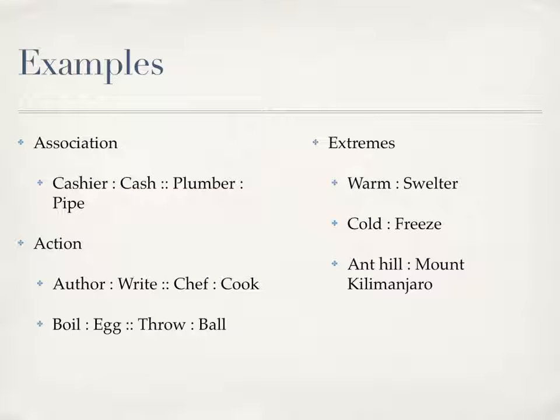A cashier is to cash, as a plumber is to pipe. Actions. Author is to write, as chef is to cook. Boil is to egg, throw is to ball. Extremes. Warm is to swelter. Cold is to freeze. Anthill is to Mount Kilimanjaro. You go from one extreme to the next.